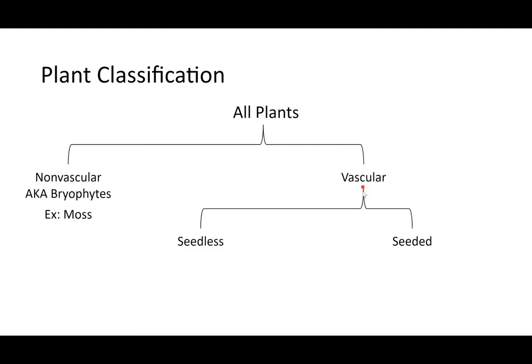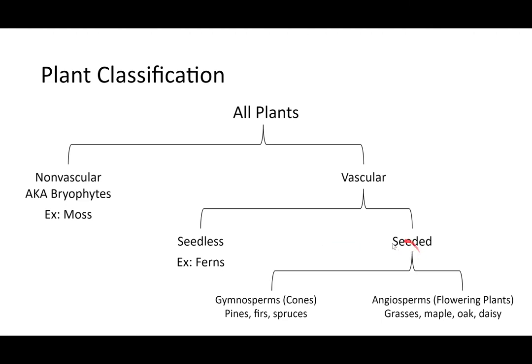Then I'm going to further subdivide vascular plants into seedless and seeded. Examples of seedless vascular plants are ferns. And then I'm going to subdivide seeded vascular plants again into gymnosperms and angiosperms.